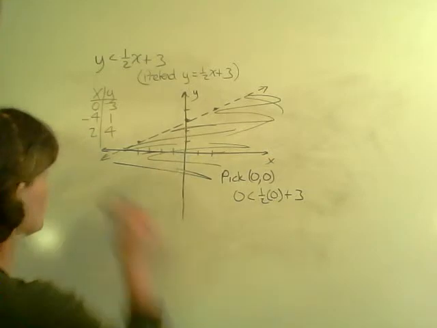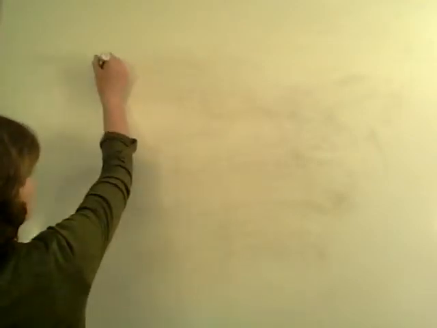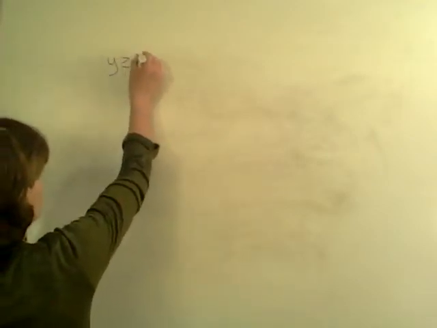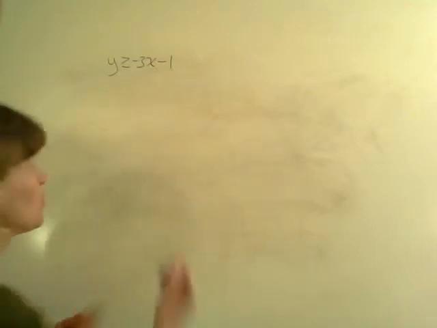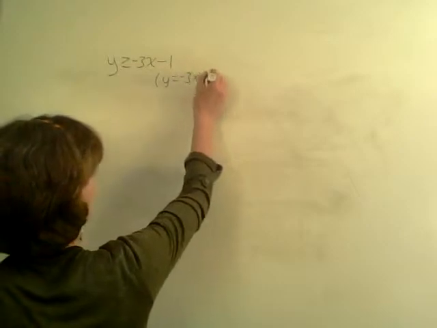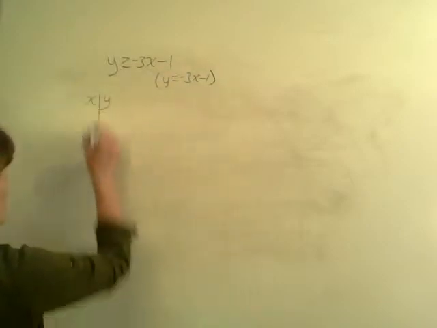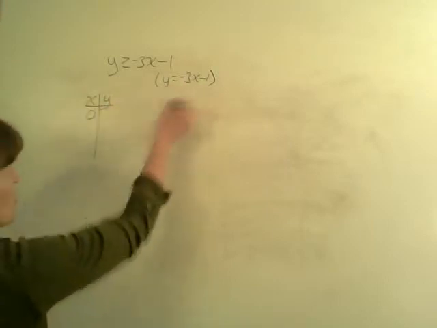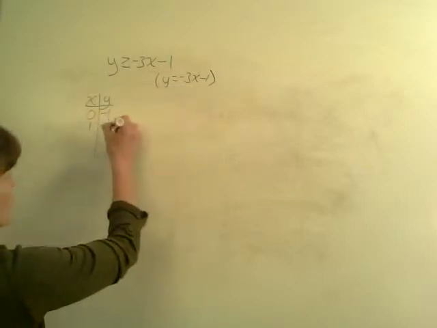All right, let's do another one. Let's say y is greater than or equal to -3x minus 1. All right, so first we're going to pretend that this says y equals -3x minus 1, and we're going to graph that line. So let's pick some points, x, y. When x is 0, y is -1. When x is 1, y is -4.